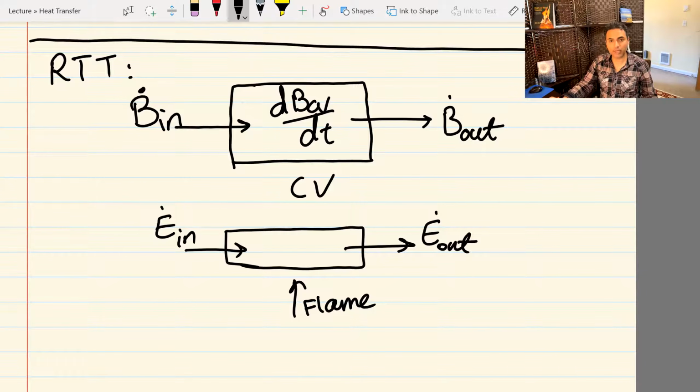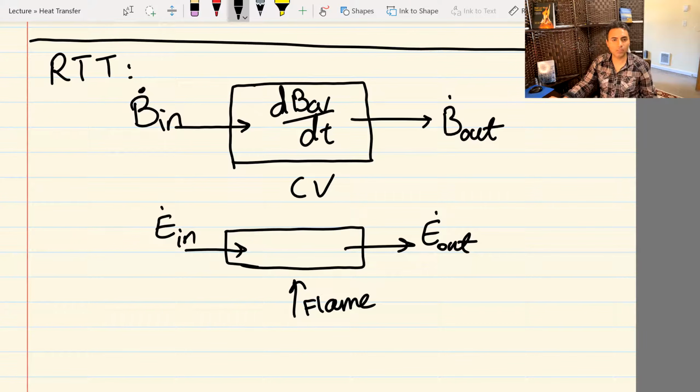Now, I also don't keep the flame constant. Right now, water goes in, gets heated up, and comes out at minute 1. Now at minute 2, I'm going to increase the flame.